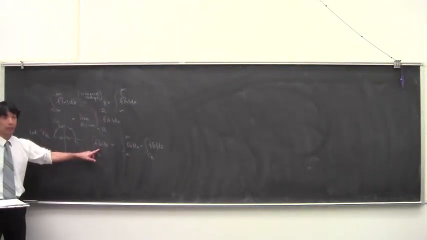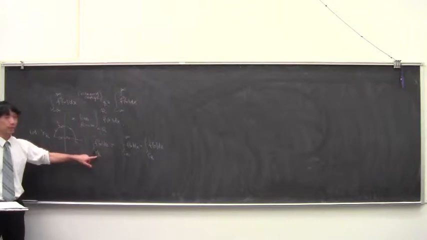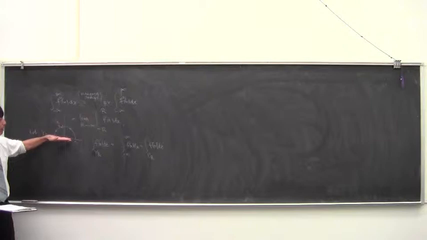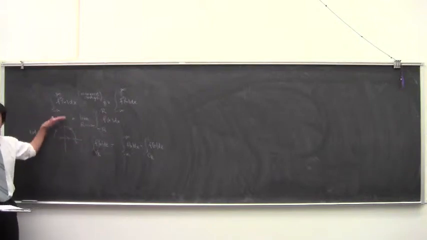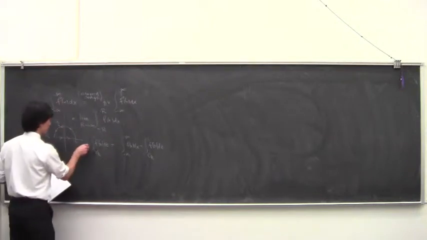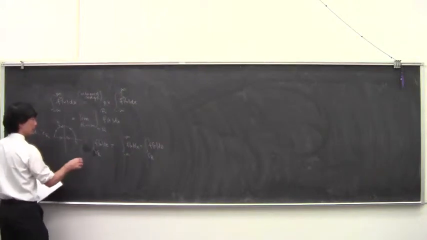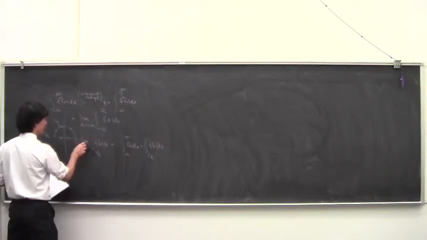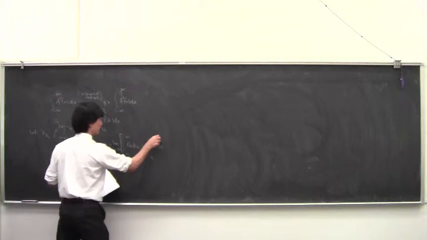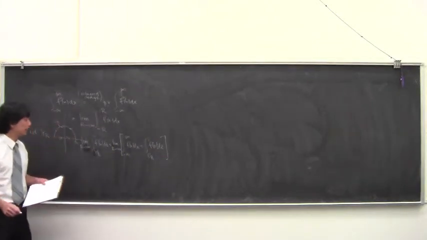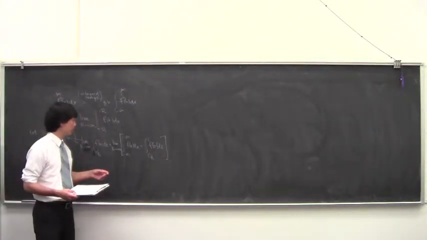And what's good about this is that if you're lucky, then you can evaluate this using the residue theorem, right? As R goes to infinity, this is going to eventually capture 2 pi i times the sum of all the residues in the upper half plane. So you take the limit as R goes to infinity of both sides. You're hoping that two things happen.